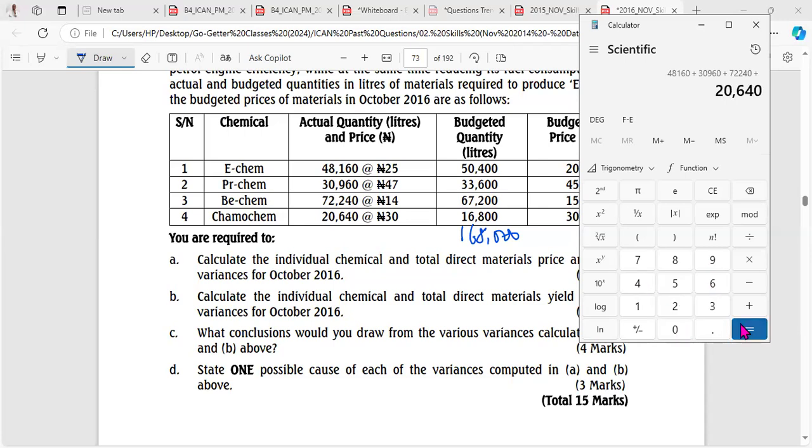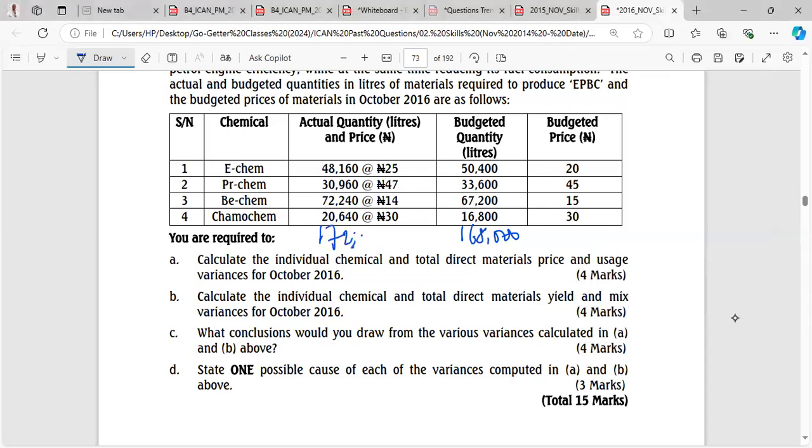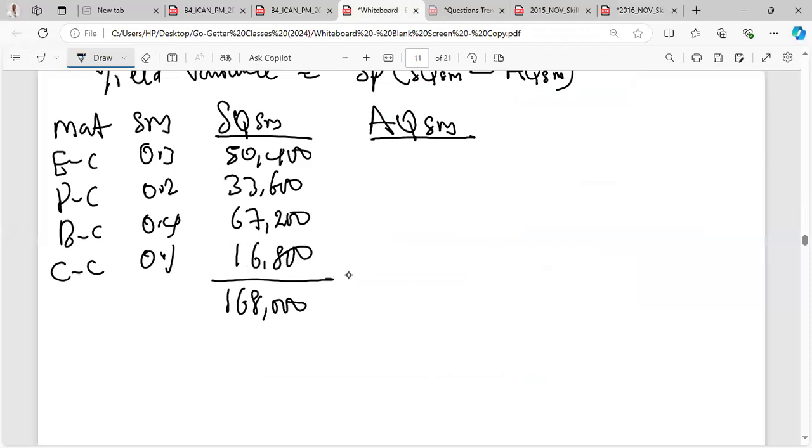This gives us 172,000. So that's what we are going to put here. But we're not going to put these quantities because these are at actual mix. We want them in standard mix. So we'll come here, 172,000. We want to get them in standard mix, we'll be using 0.3 of 172.